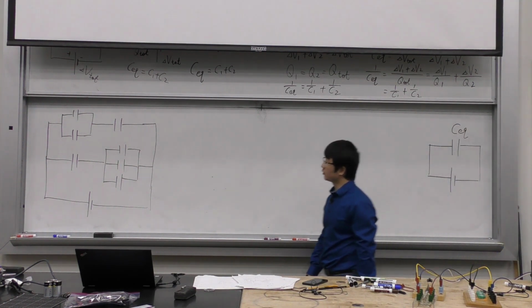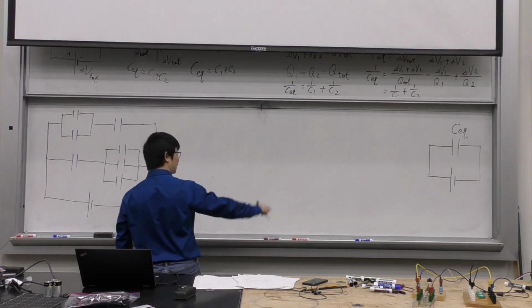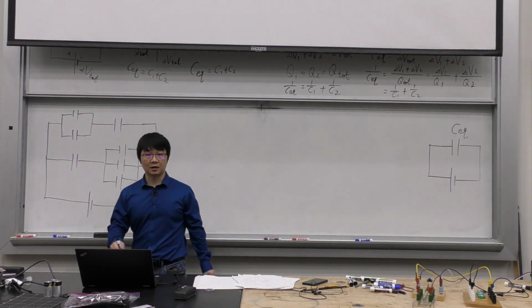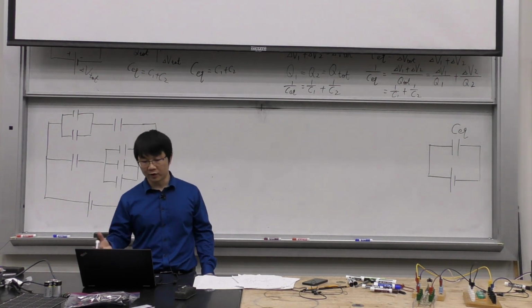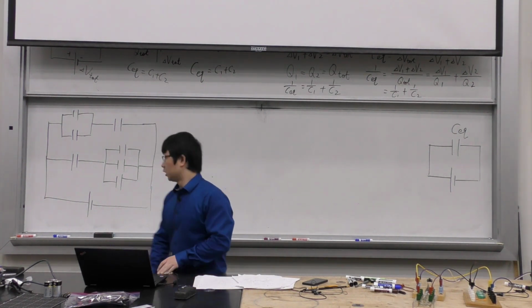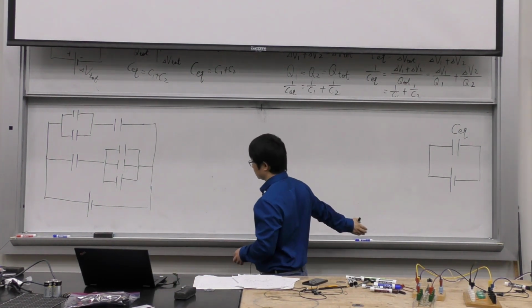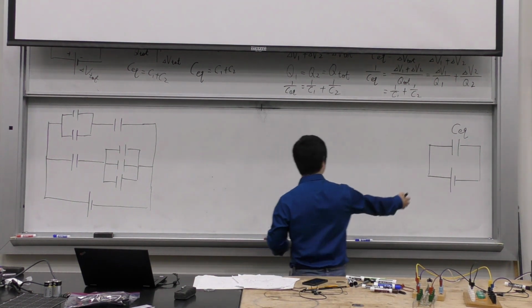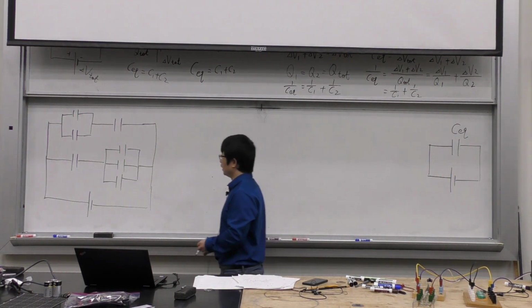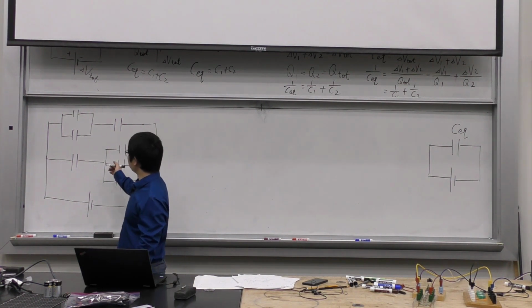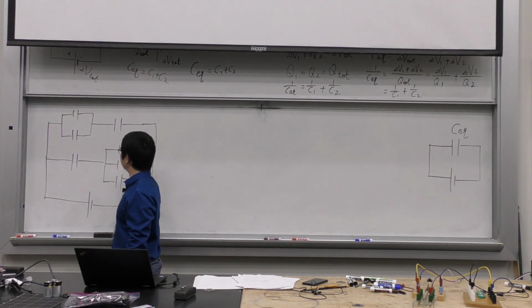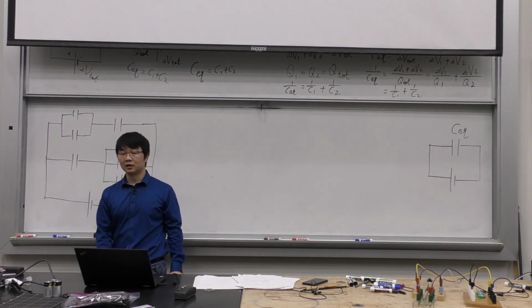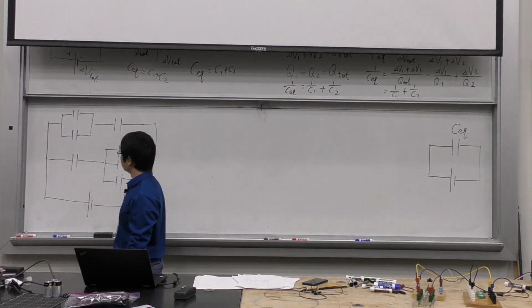So how do I simplify this diagram so that I can get that? We do that in steps. That's what I always tell my students to do. Draw new diagrams, and then use these new diagrams. There's no way I can figure out one equation to put all these things together by staring at this diagram.